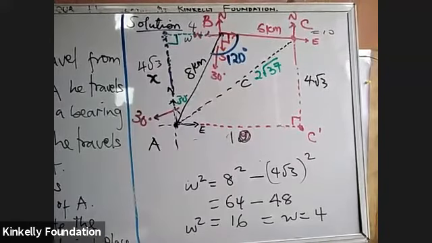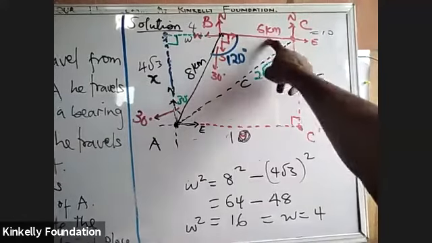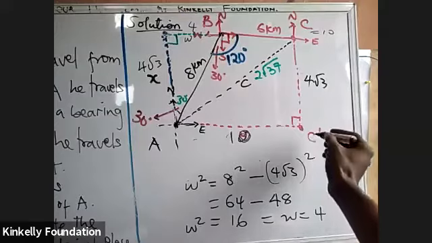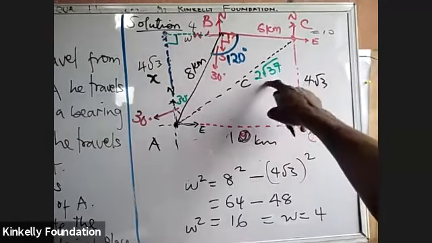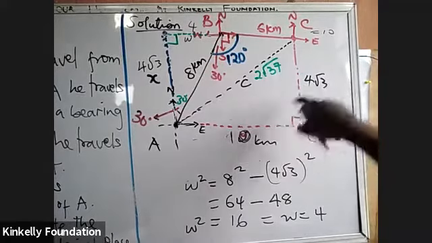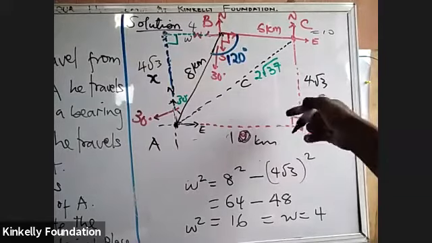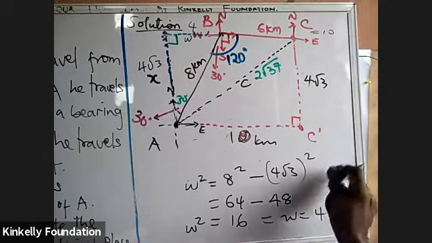Remember we said we have gotten W and C, which means that AC prime here is 10 kilometers. Now for this case, we have already also gotten through Pythagoras, or this cosine rule we used, we have it as 2 root 37.